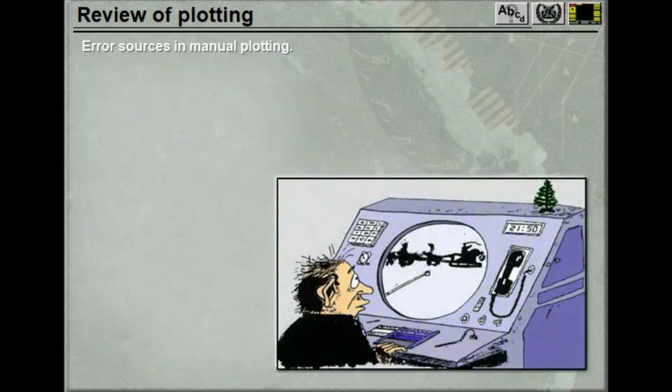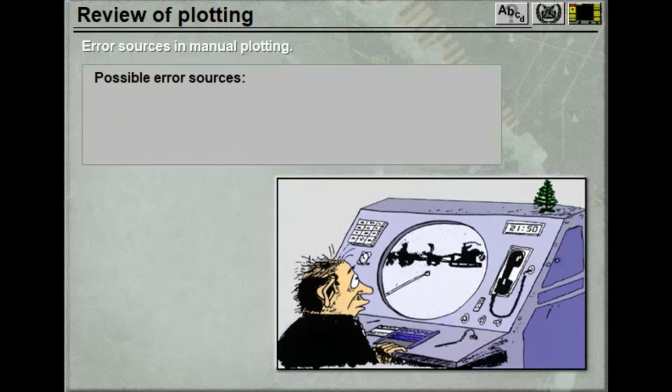There are many possible errors which may influence the plotting. It is important to be aware of possible errors and correct them if possible, or minimize their influence at all times.